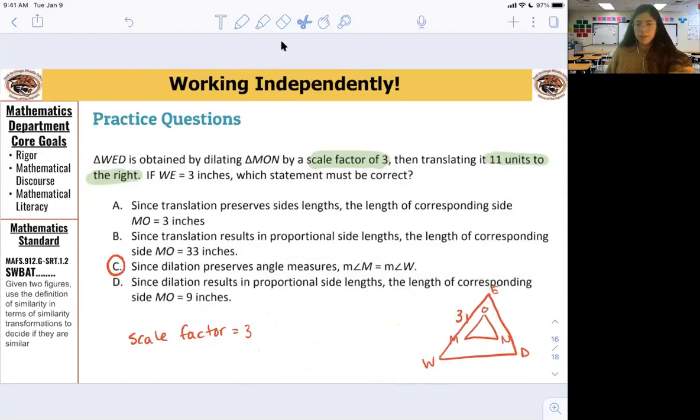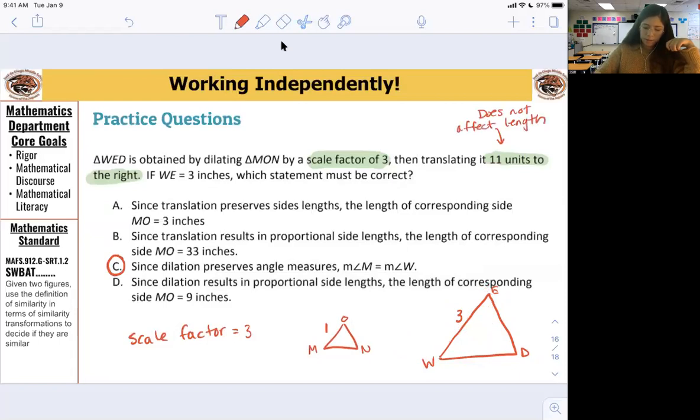It moves to here and then it grows. So the translation, if I translate it, it's not going to change how big the figure is. So this does not change, does not affect the length, which means, okay, B is definitely out.